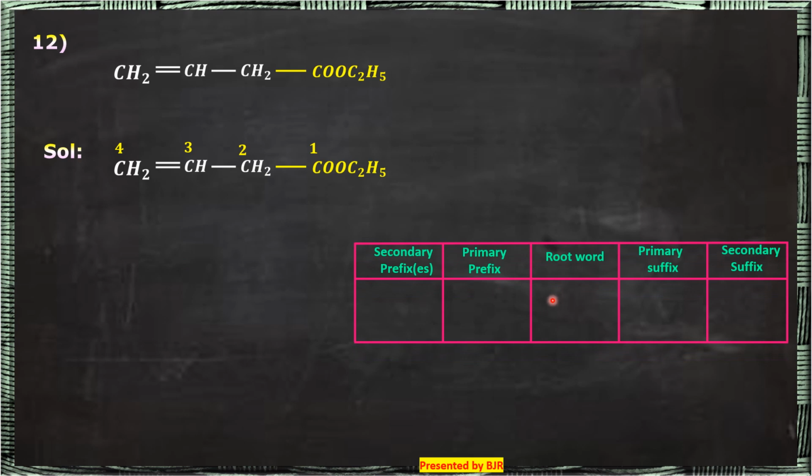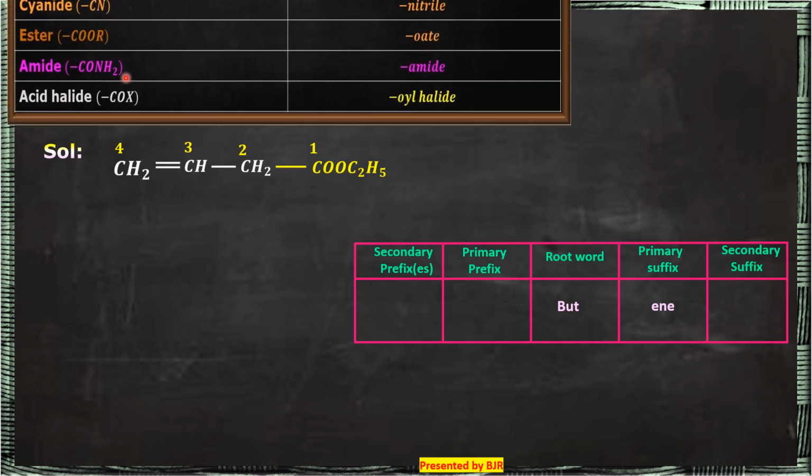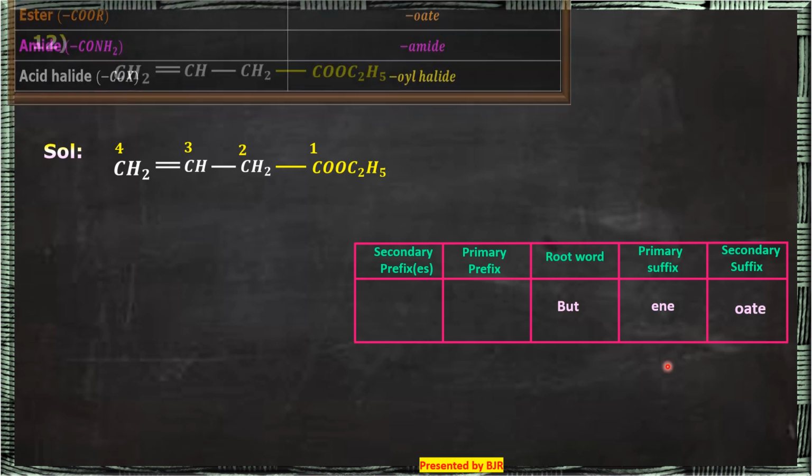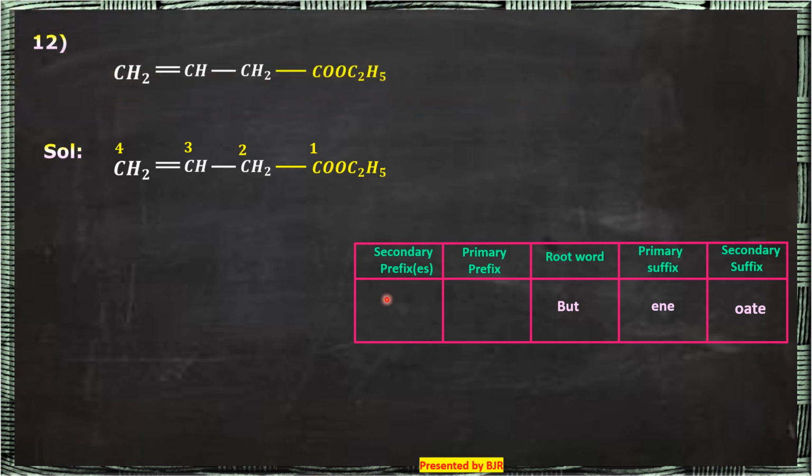Root word is but, primary suffix, double bond is there, ene, secondary suffix ester means oate. And while writing the name of this organic compound, first we have to write the name of the alkyl group present in the functional group COOR.